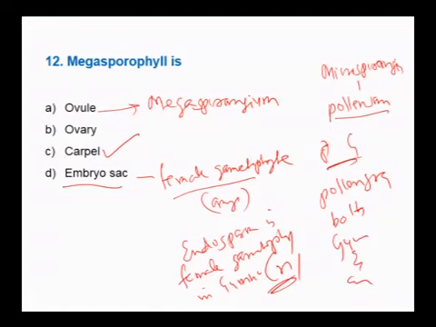Therefore, pollen grain is a male gametophyte in both because it produces male gametes. But the female gametophyte is embryo sac in angiosperms, but in gymnosperms it is endosperm, a haploid pre-fertilization product. This is very important. So, for the given question, the answer is C, that is carpel.